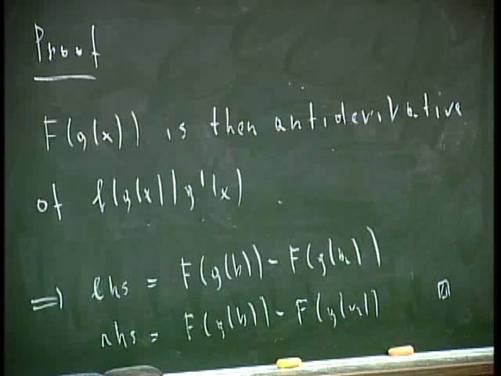So for the substitution rule for definite integrals, there are two different ways to apply it. The first way is to first find an antiderivative of this function and then evaluate it at the upper and lower limits.